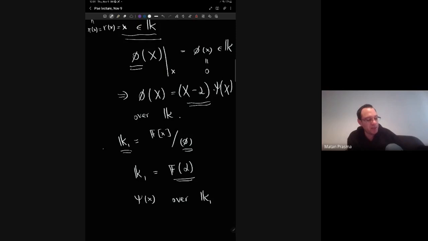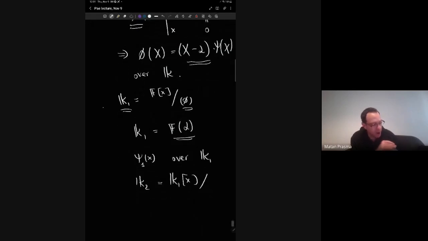But after I split as many linear factors as I can, I am left with, let's say, psi1(x). Okay, and I can consider K2 equals K1[x] modulo the remaining part of phi, so psi1.